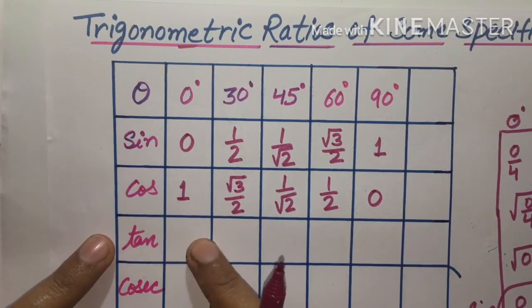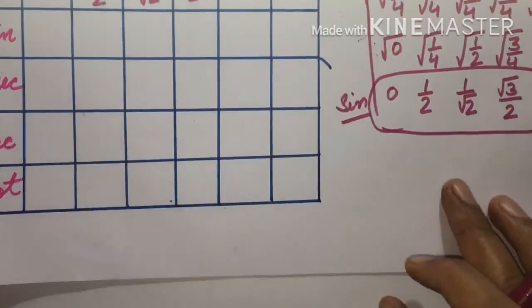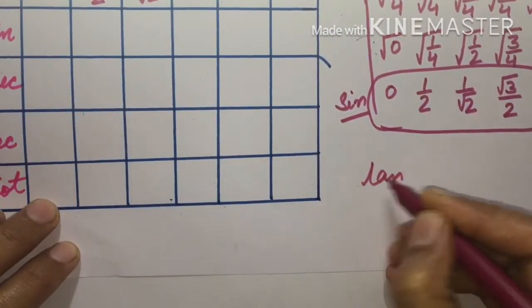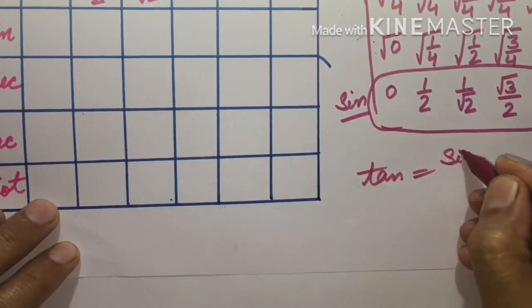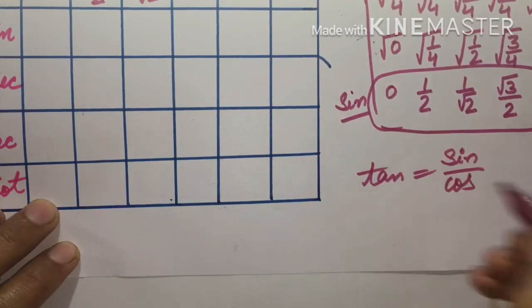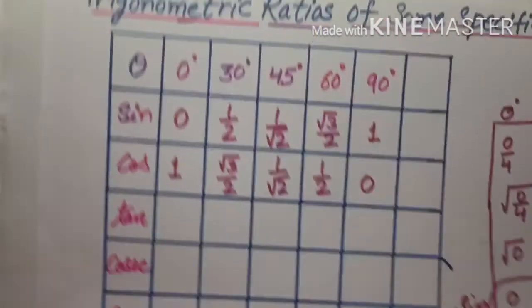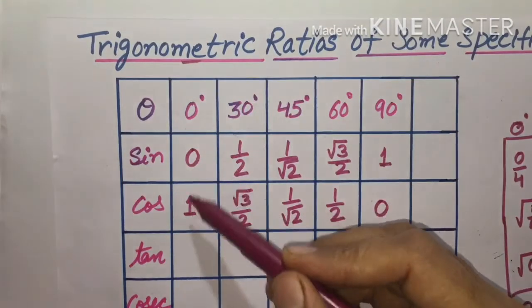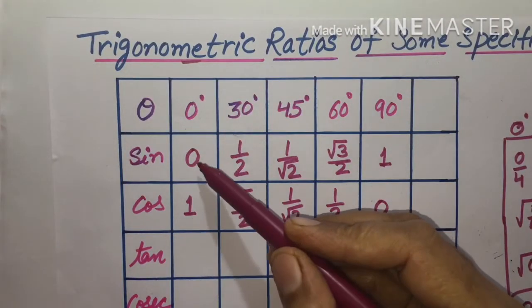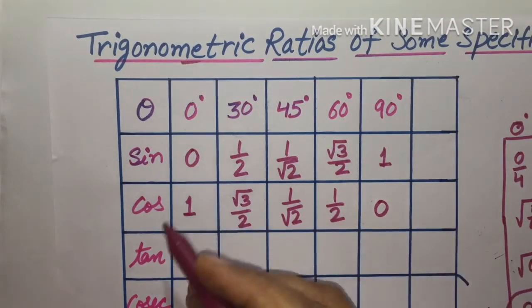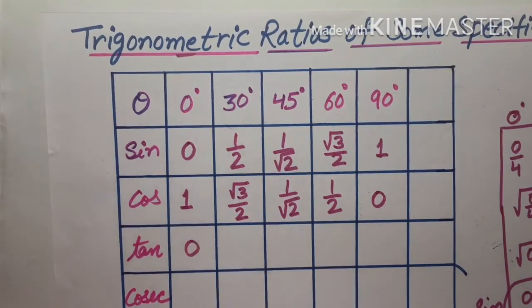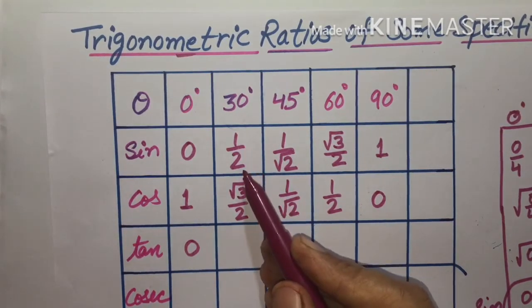Now how can we find the values for tangent? As you know, tangent is sine upon cos. So we will divide this column by this column. When we do 0 upon 1, it will be 0. We will divide 1 upon 2 by root 3 upon 2.